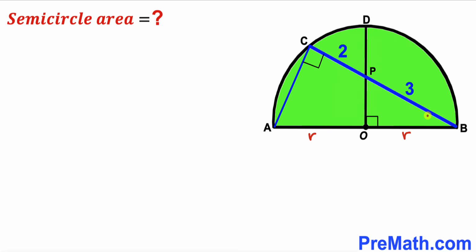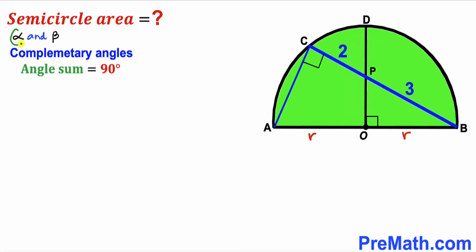Here's our next step. Now we focus on the smaller right triangle OBP and the larger right triangle ABC. Let's assume alpha and beta are two complementary angles, in other words alpha plus beta equals 90 degrees.